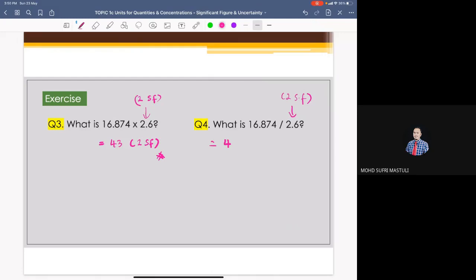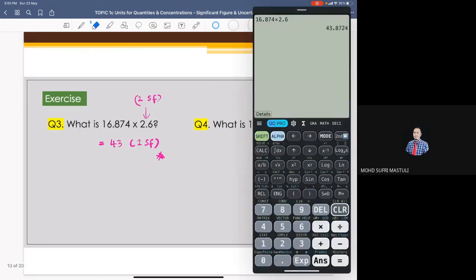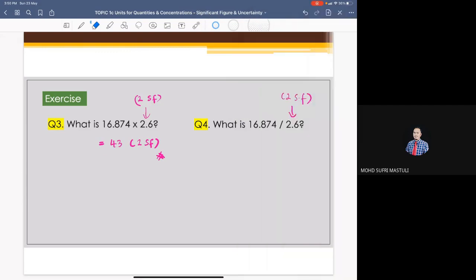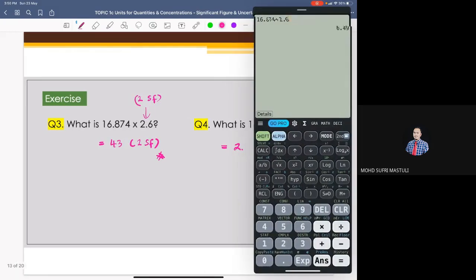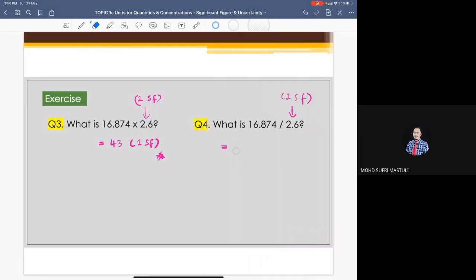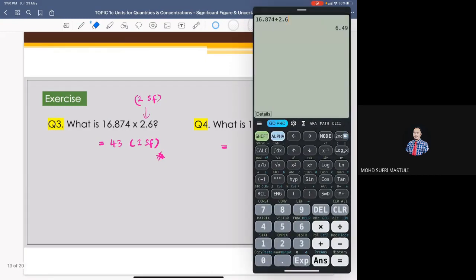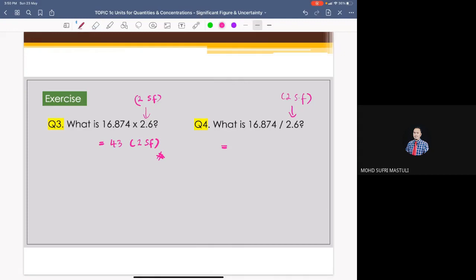Oh, sorry, this is divided. 16.874 divided by 2.6, you get 6.49. Because the lowest significant figure is two, you have to write the final answer in two significant figures, which is 6.5.